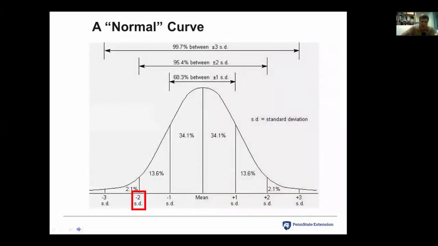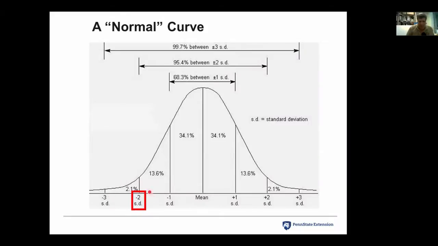So one way of looking at culling is looking at the average within the flock. If we're talking about egg production or meat production, I typically go back to the idea of a binomial curve, a normal curve, where we would have a group of birds that would have an average weight, for example, and then we would have birds that would be heavier than that average weight, and then we would have birds that might be lighter than that average weight.